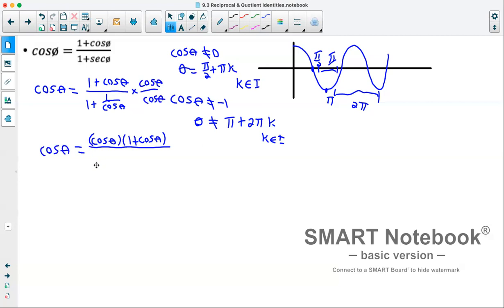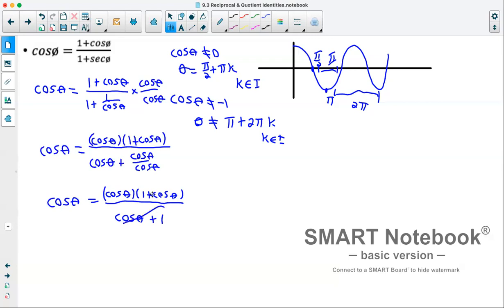So we've got cos theta times 1 is cos theta, and then cos theta over cos theta. Simplifying this a bit, we've got cos theta is equal to cos theta times 1 plus cos theta all over cos theta plus 1. Now, 1 plus cos theta is the exact same thing as cos theta plus 1, so that cancels with that. So that gives us cos theta equals cos theta. So we can say identity proven.